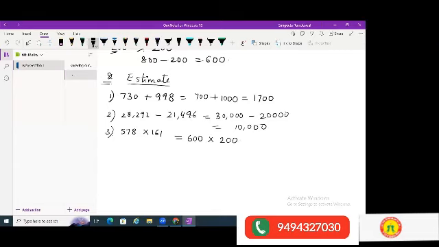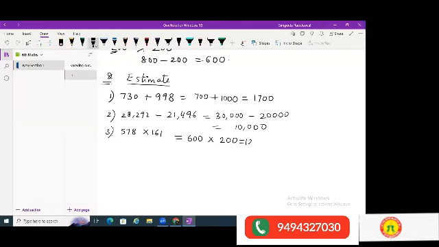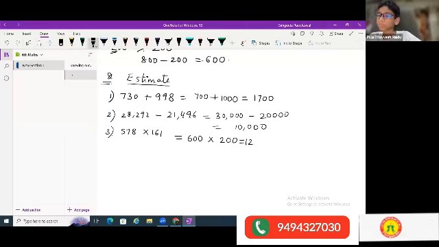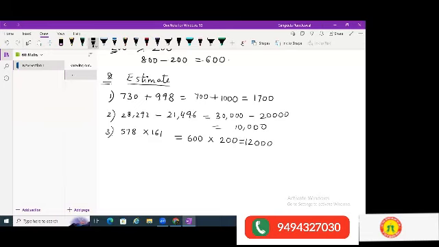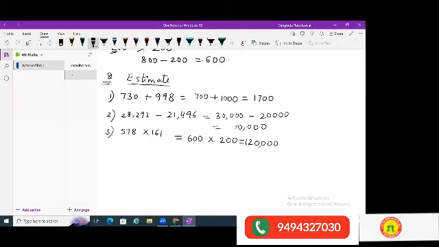And when I multiply this, what do I get? 1200. I get 6 into 2 is 12, and I will put as many zeros, 2 zeros here and 2 zeros here. So 4 zeros. 12,000. Okay, 4 zeros are there, no? Right? Yes, ma'am.